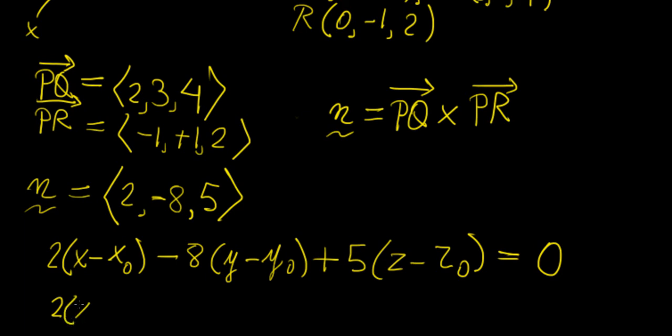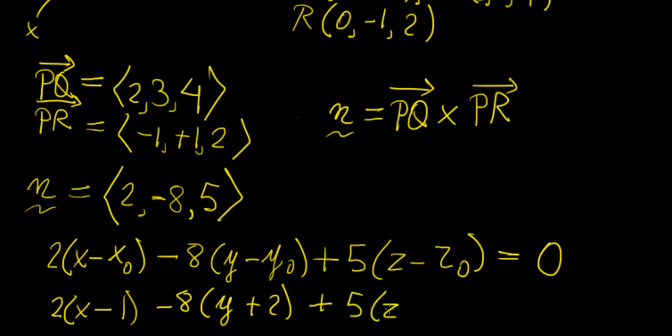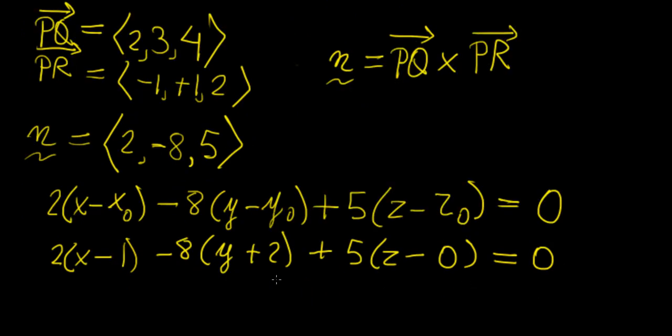We're going to have 2(x minus 1), minus 8(y plus 2), and then plus 5(z minus 0) equals 0. And now if we expand this out, we should get 2x minus 8y plus 5z equals 18. So this is our general equation of this plane.